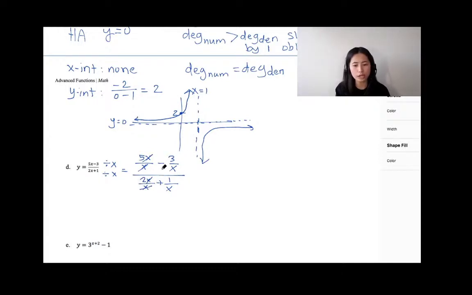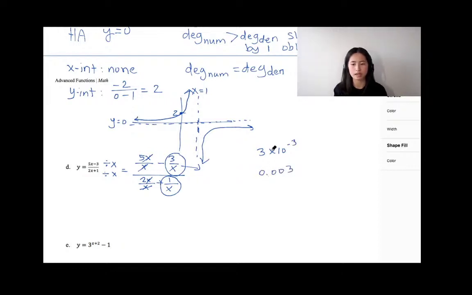When you look at 3 over x and 1 over x, you're going to notice that if you're looking at the end behavior, with x being any large number, and you plug in, say, 3 over 1000, which is just me throwing out numbers, you're going to see that this is approaching 0. Because 3 over 1000 is 3 times 10 to the negative 3, which is 0.003.